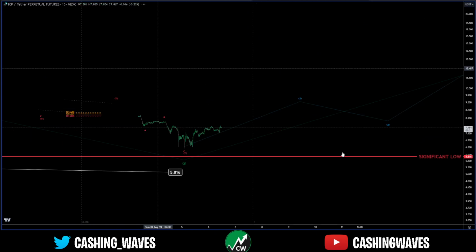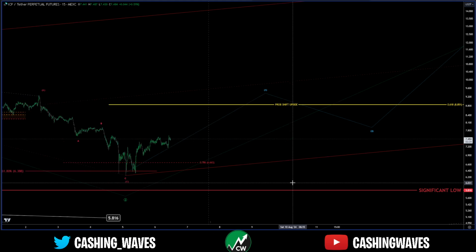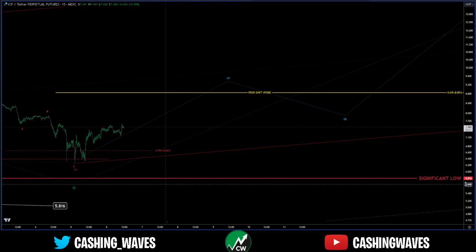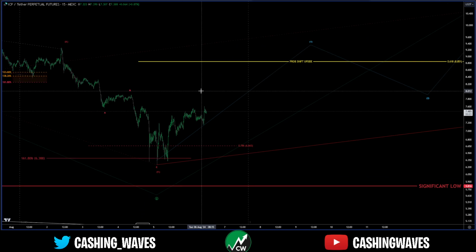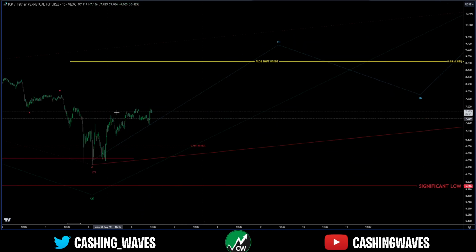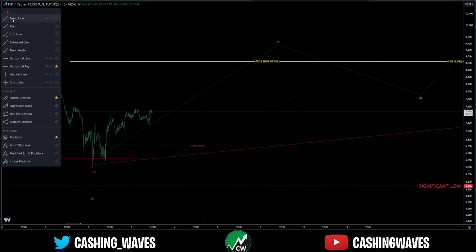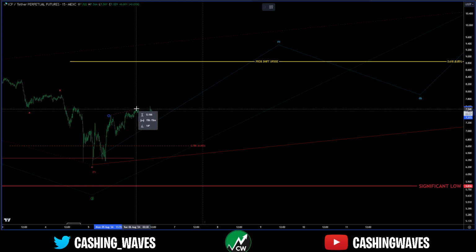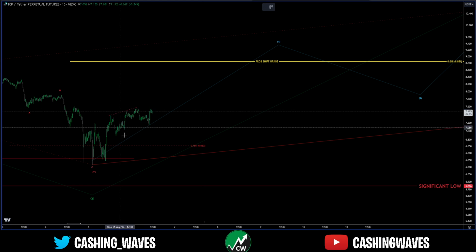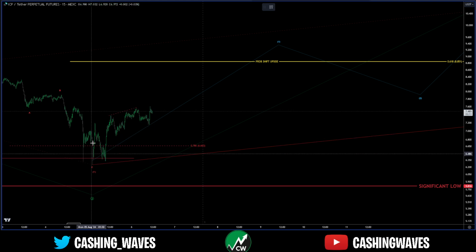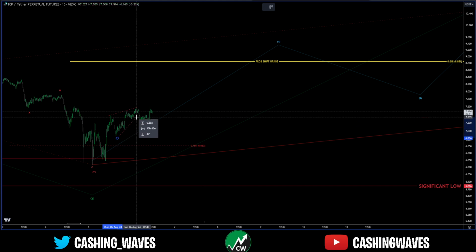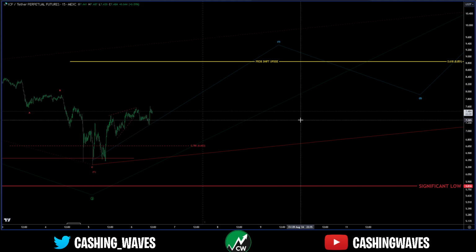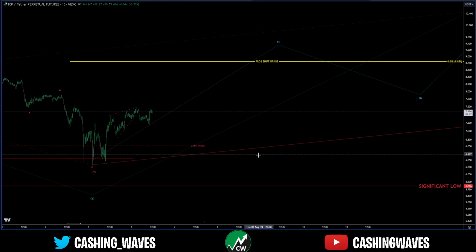So let's see if there's anything down on the micro we can see. Not currently. This does look like potentially a diagonal. 2, 3, 4. Yeah, that could be a diagonal, but we won't know until the reaction after, right?